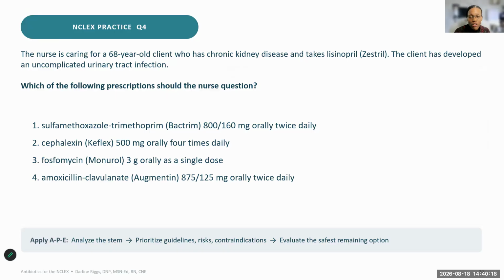Okay, so Bactrim, like I mentioned earlier, causes hyperkalemia and raises your creatinine. So they're on an ACE inhibitor, okay?